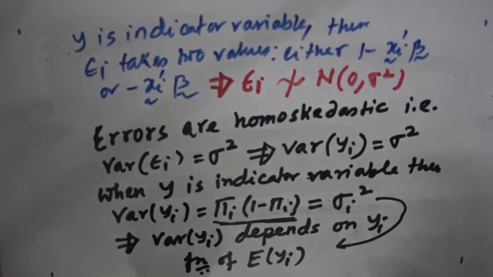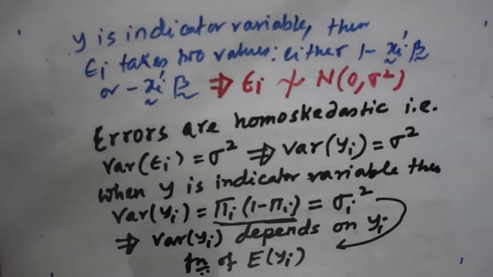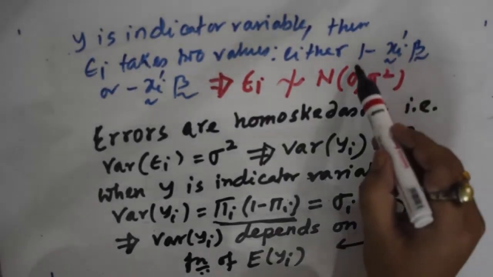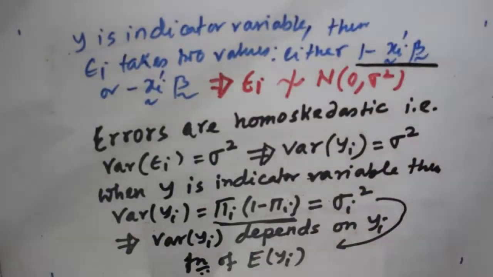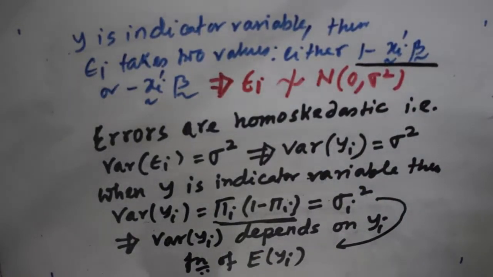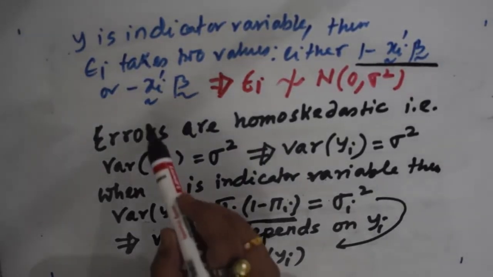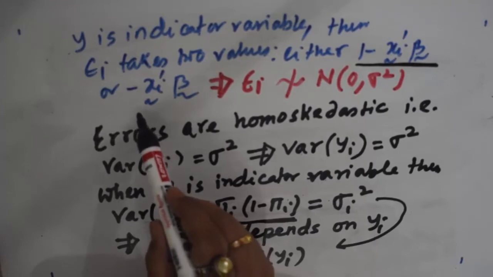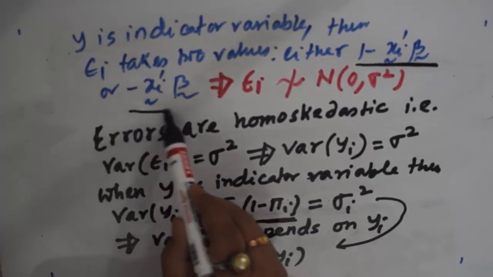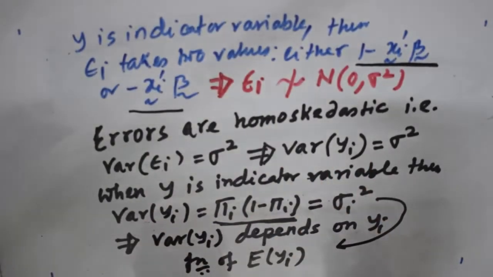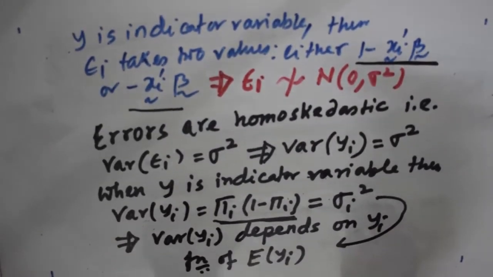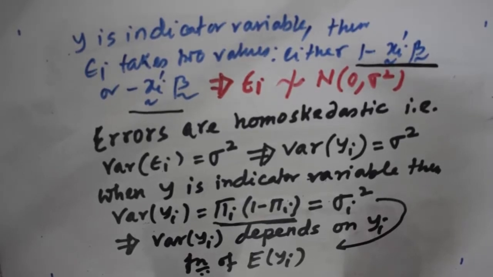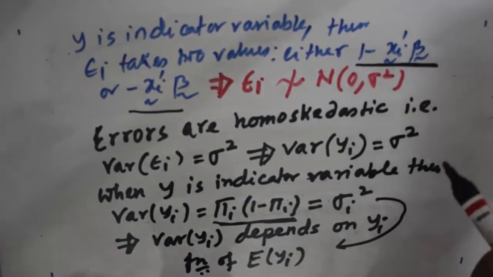That is, when yi equal to 1, then epsilon i is 1 minus xi curl prime beta curl, and when yi equal to 0, then this value is minus xi curl prime beta curl. So the first thing is, here we cannot assume that epsilon i follows normal 0 sigma square.